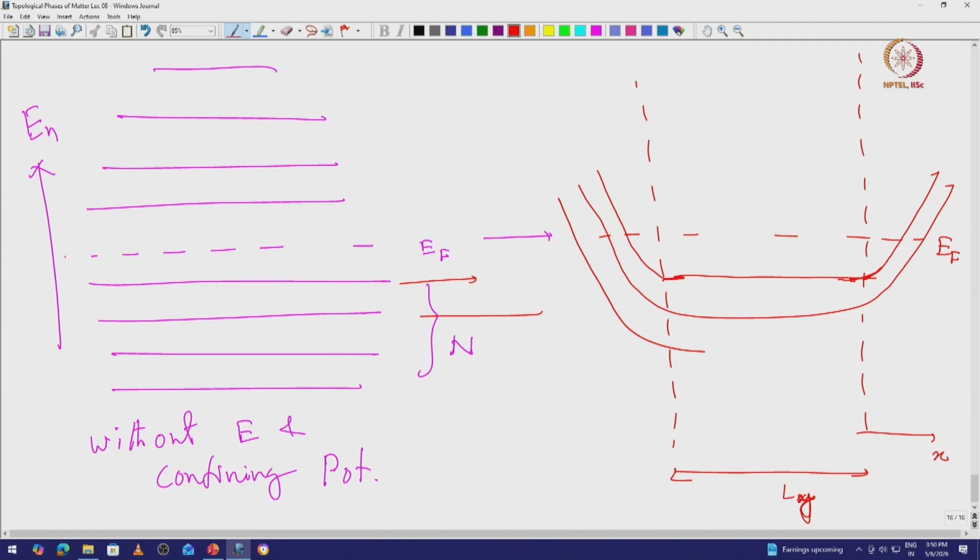So each Landau level then has one metallic state. Right. And whereas these guys will also have the bending, but they will be unfilled, they are already above the Fermi level. So these Landau levels will now pass through the Fermi level, so it is a metallic one at the edge due to the confining potential.